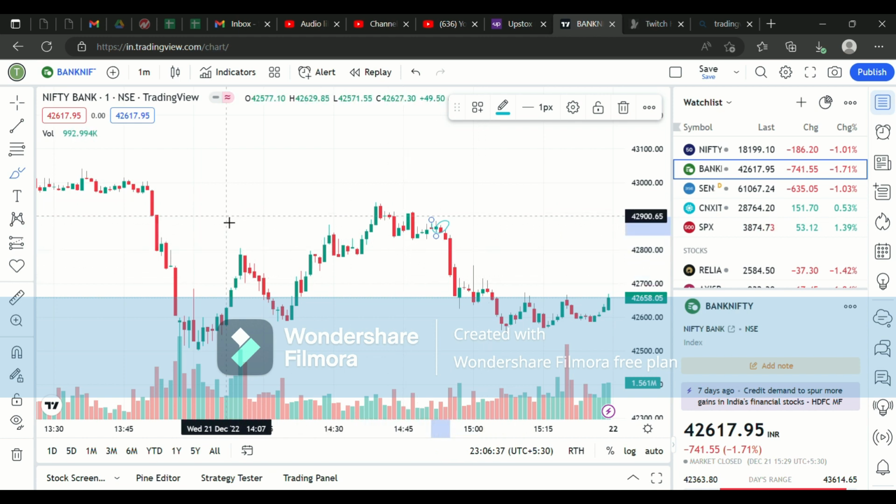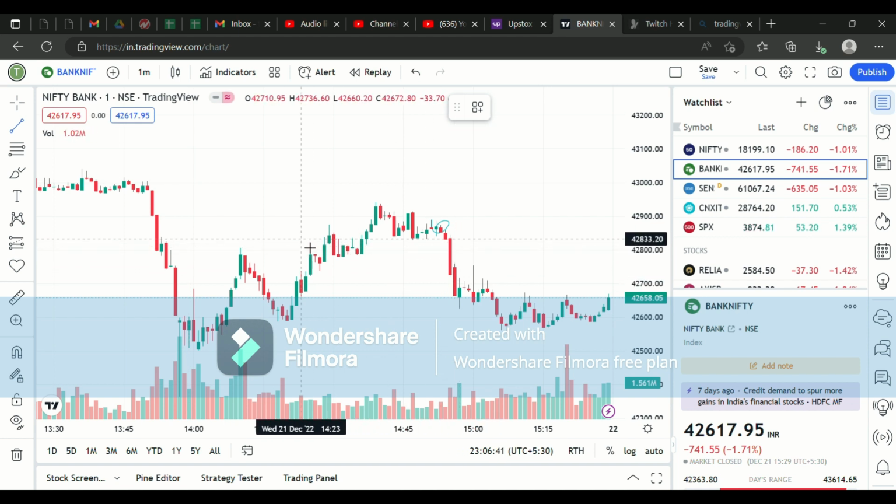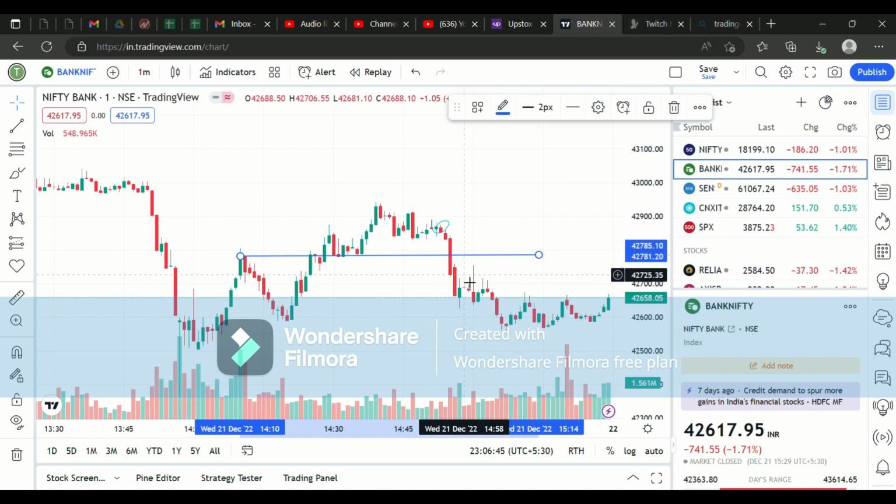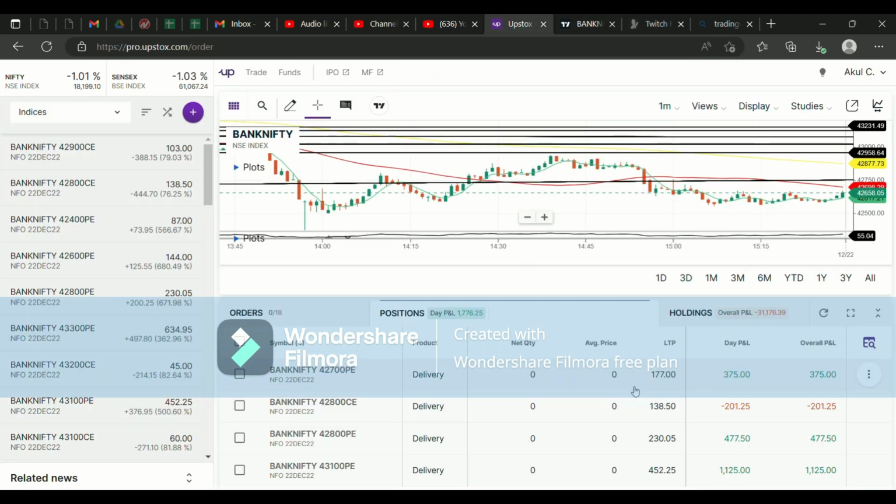But as it was hovering in this range, as and when it broke this level, I instantly took a PE trade, on which I made 15 points profit because my SL was 7 to 8 points.